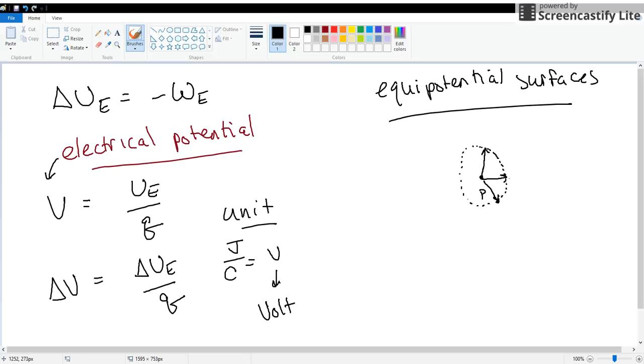So all these points to which I'm drawing the arrows right now have the same electrical potential in relation to the point P. Thus, we refer to the ring of the points, or the circle, as an equipotential surface, because all points along the surface have the same electrical potential in relation to the point P.